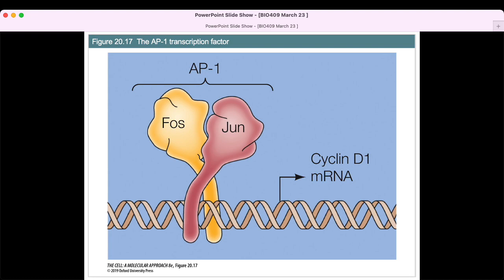And the regulatory region of cyclin, a good test question would be, what are the enhancers that we've learned about? Well, there's an enhancer that could bind ELK. And here's another enhancer that would bind JUN FOS, like that. There's another enhancer that could bind MYC.